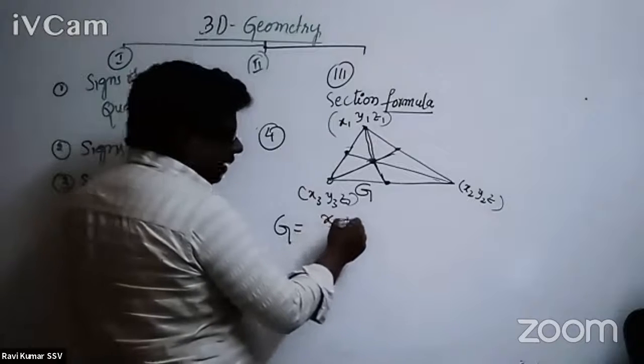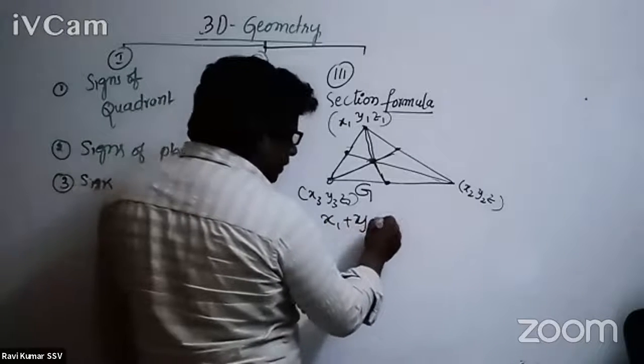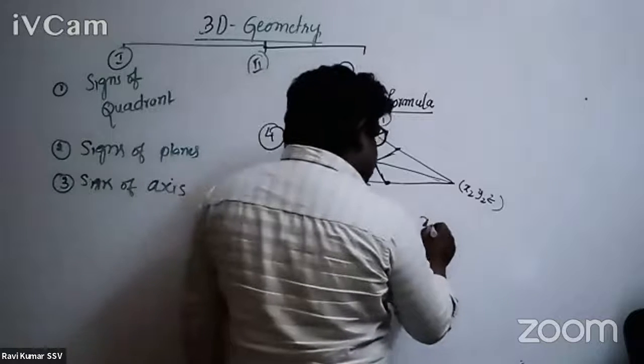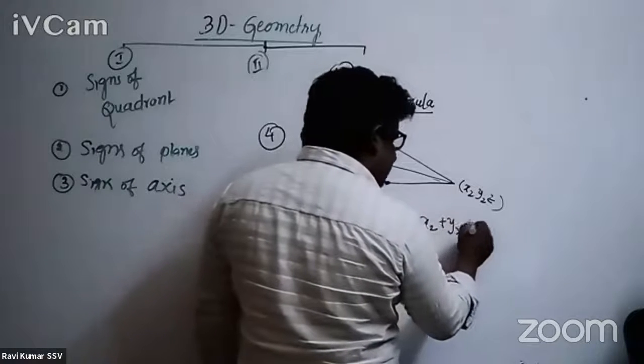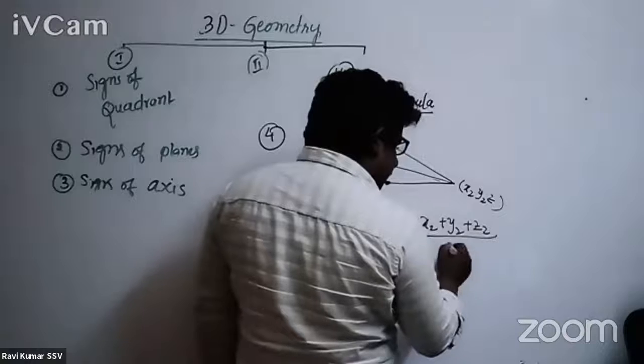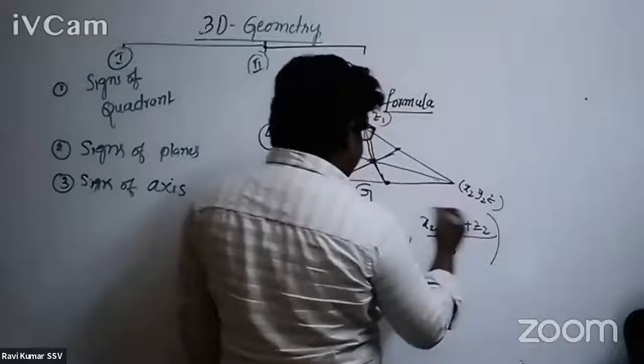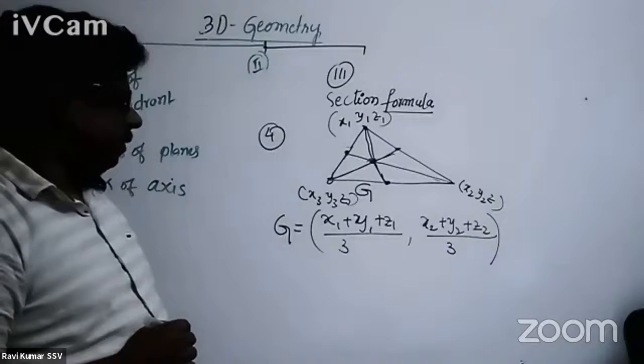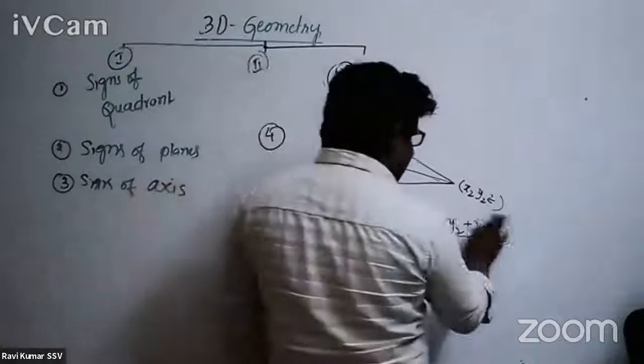x1 plus x2 plus x3 by 3. Written wrong; one more will come now.